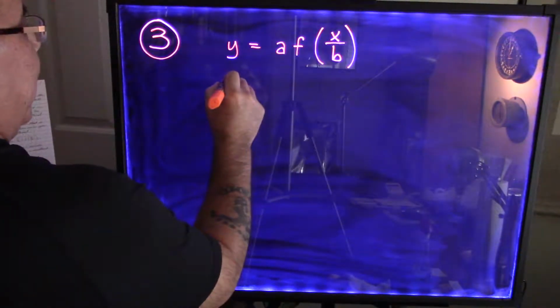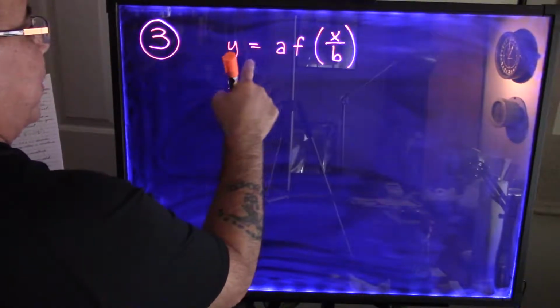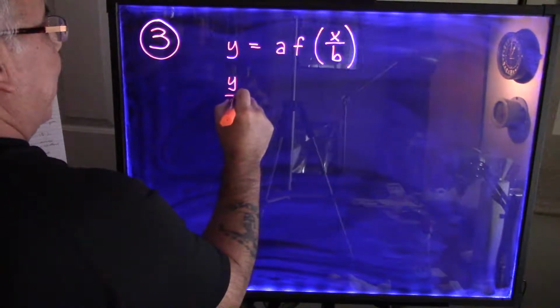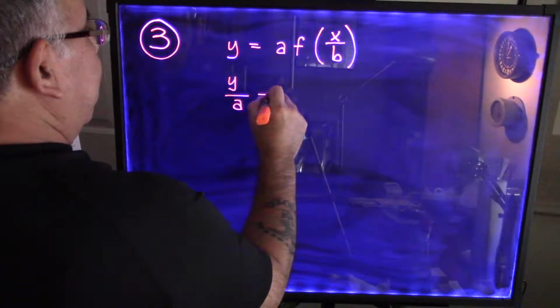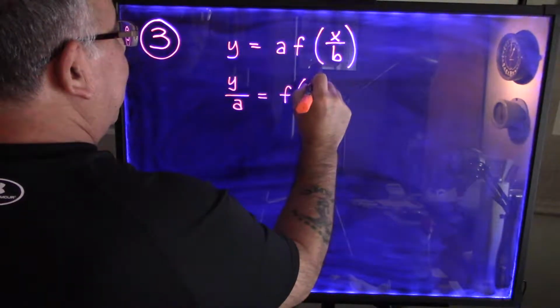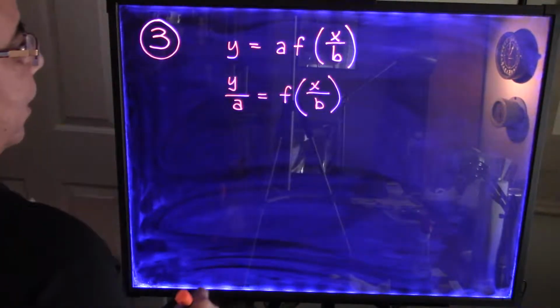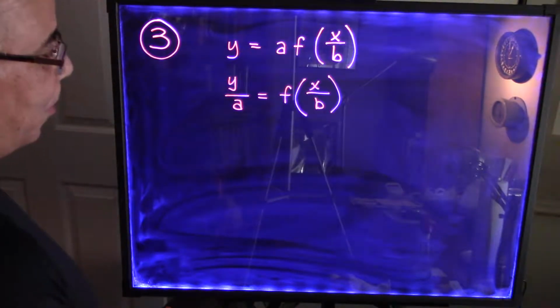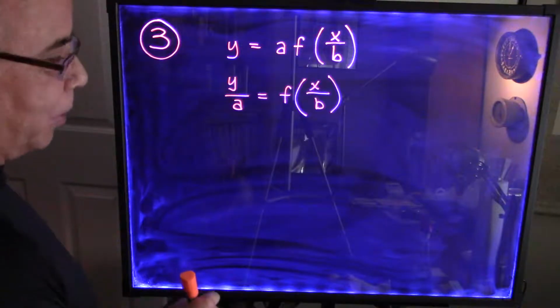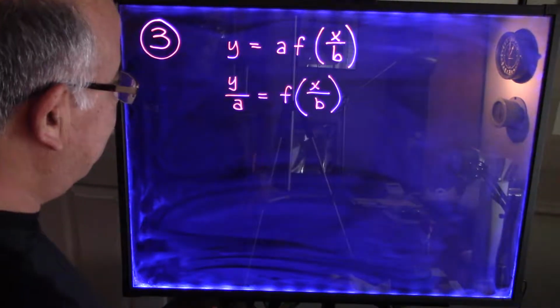Another way of writing that is, dividing both sides by a, y divided by a equals f of x divided by b. If it's not written in this form already, you can get it into this form using a little algebra.